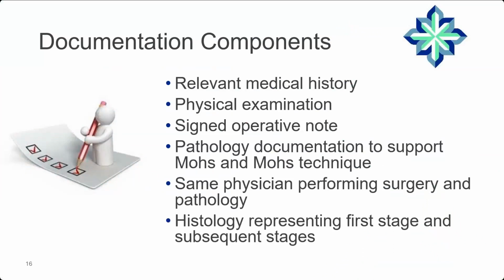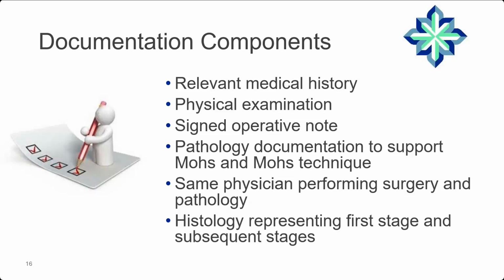In order to support your services as medically reasonable and necessary, when we review claims, there are certain components of documentation that help prove medical necessity on your end. So the documentation we're going to request includes relevant medical history, physical exam, any signed prior operative reports or current operative reports, if the operative report is done, and pathology documentation to support the Mohs and the Mohs technique.